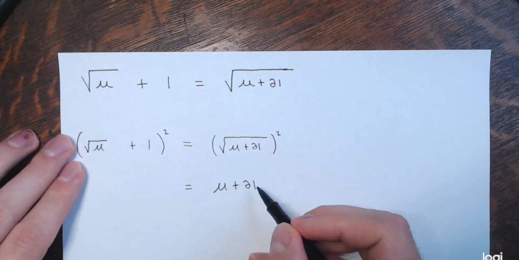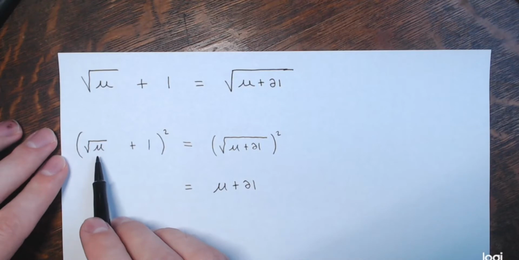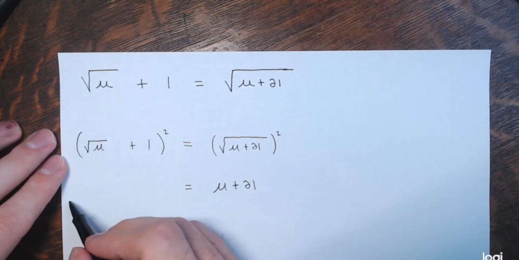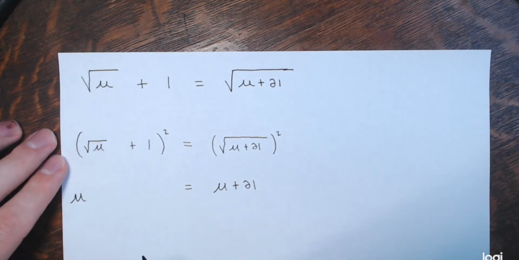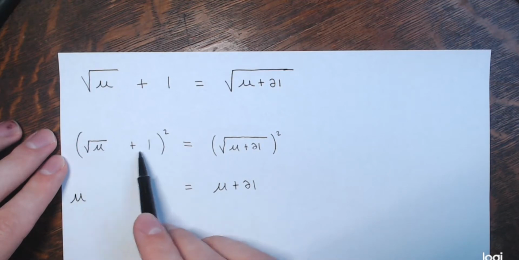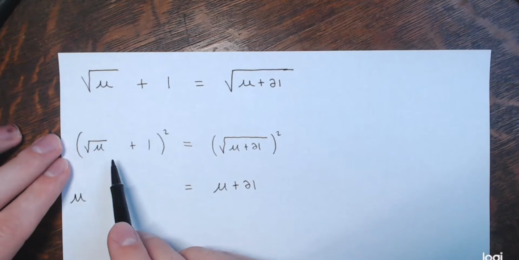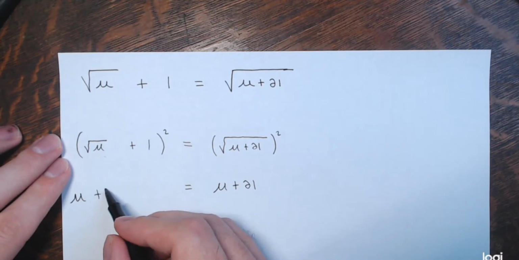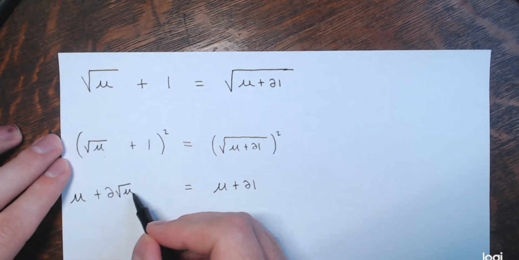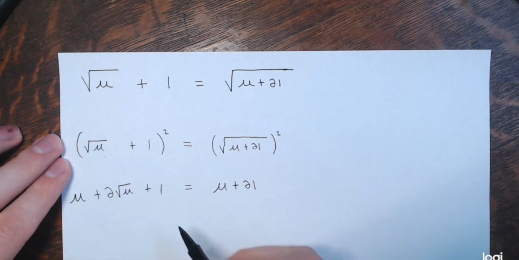But the left side, I'd have u, the square root of u times the square root of u, and then you'd have 1 times the square root of u, but twice, when you do the outer and inner in foiling. So I'd have plus 2 times the square root of u, and then 1 times 1 is plus 1.